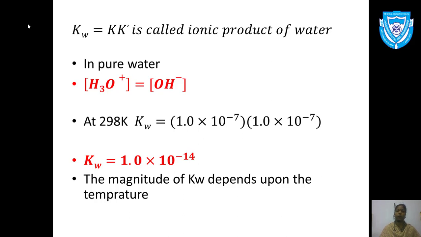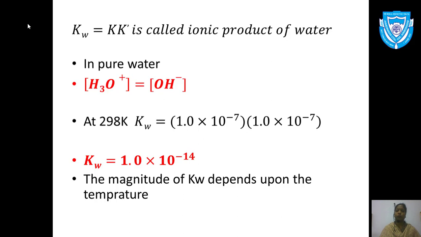In pure water, the concentration of H3O plus is equal to the concentration of OH minus. So neutral or pure water always contains equal concentrations of hydronium ion and hydroxide ion. The value of Kw at 298 Kelvin is 1.0 into 10 raised to minus 14.